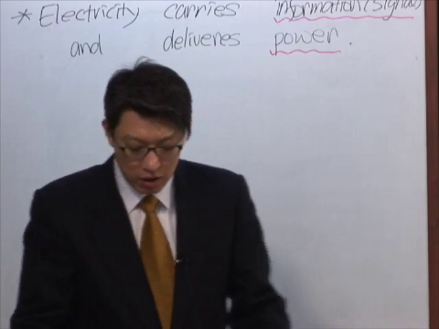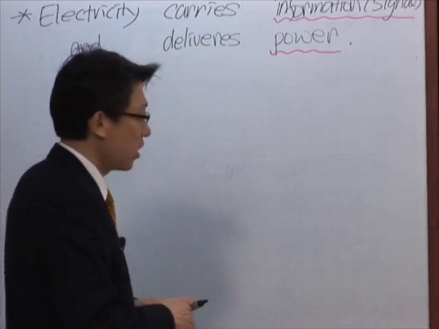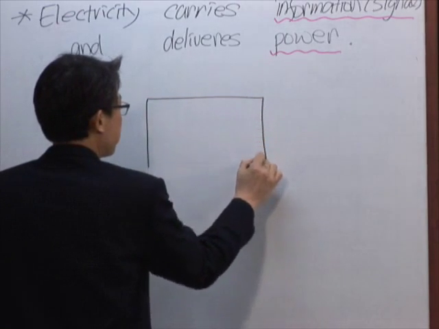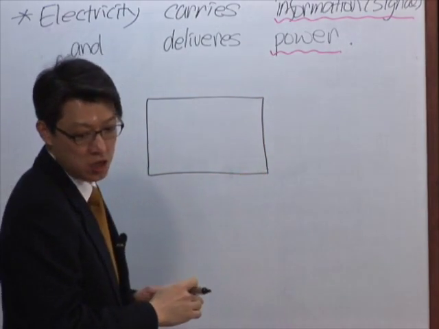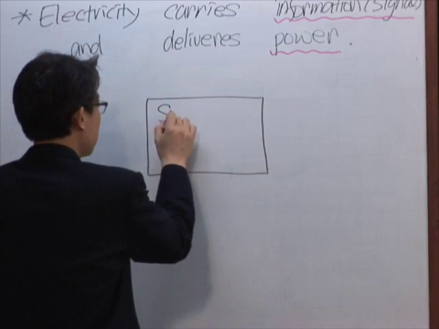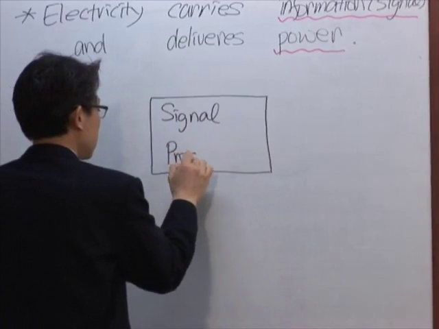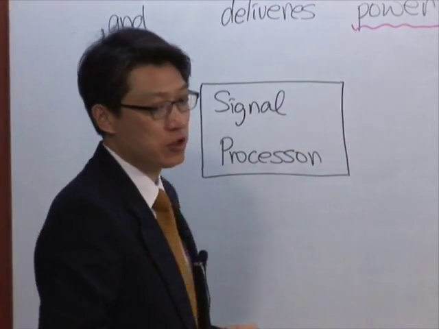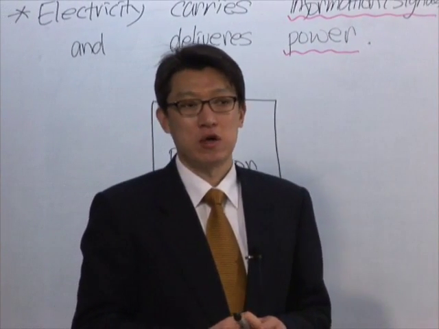So let me explain this power conversion using the analogy of the signal processing. So this is a signal processor, okay? People often use this kind of analogy to explain power electronics, okay?